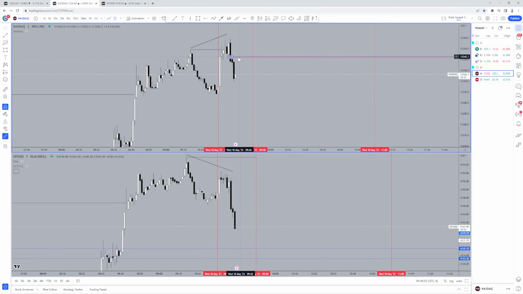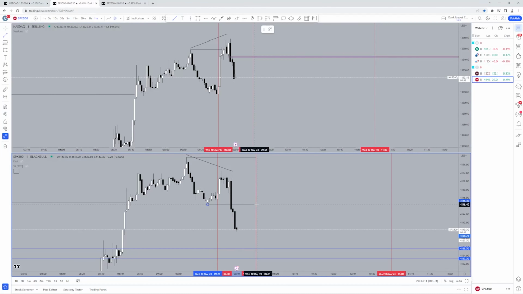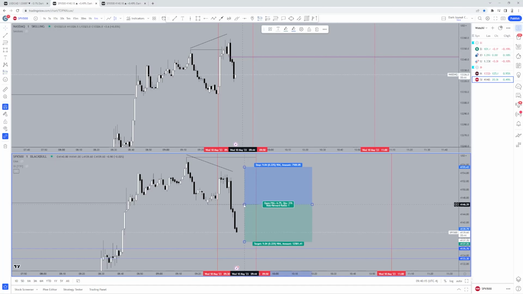We might have an opportunity for a continuation towards the upside. By the way, let's be completely clear. Here we have a breaker block as well. So it is not mistaken to take your trade from here with stop loss above this area and target this area, for example, 1-to-1.